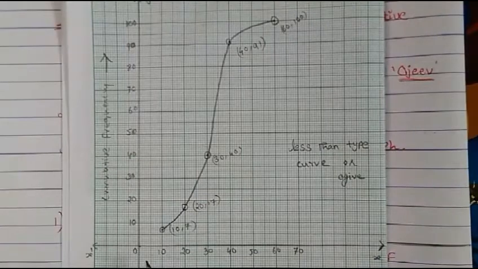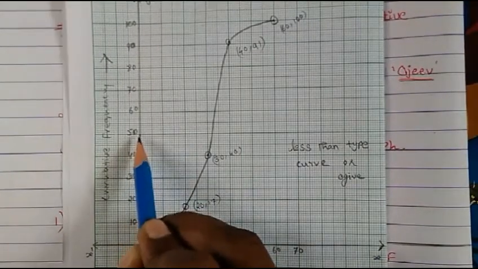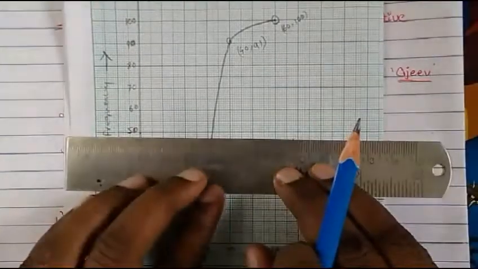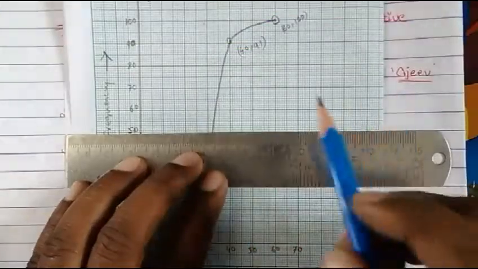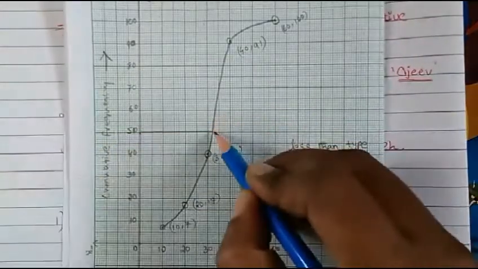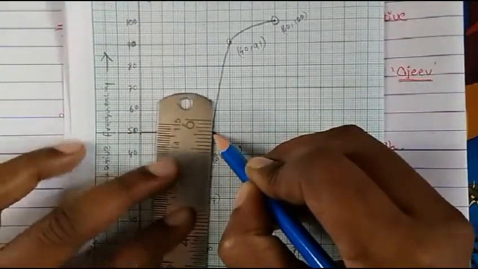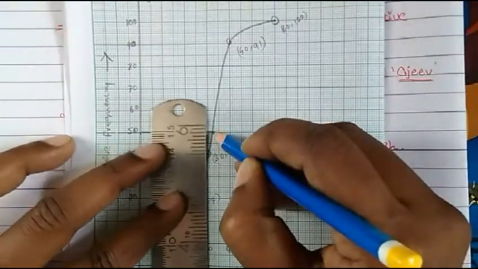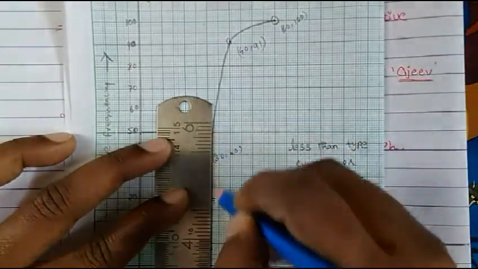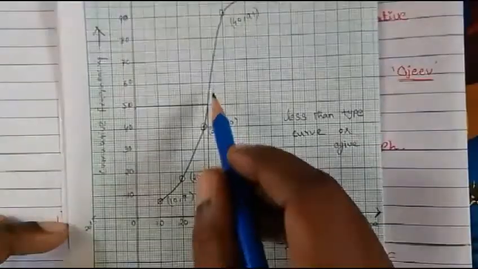So 50 is here on the y-axis. From 50 you will draw a line which will touch the graph. From that point exactly you will draw a line down to the x-axis.